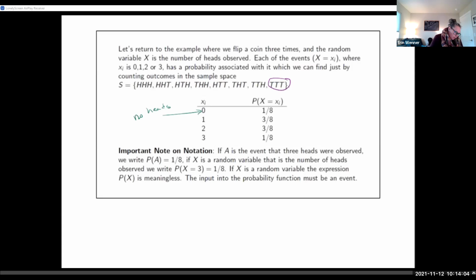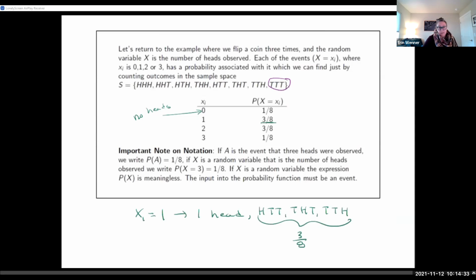For the next outcome, xi equaling 1, that is 1 head. And that comes from the events that we have head, tail, tail, tail, head, tail, and tail, tail, head. So there's 3 outcomes here out of the total 8 outcomes, which we can see then that the probability is 3/8.